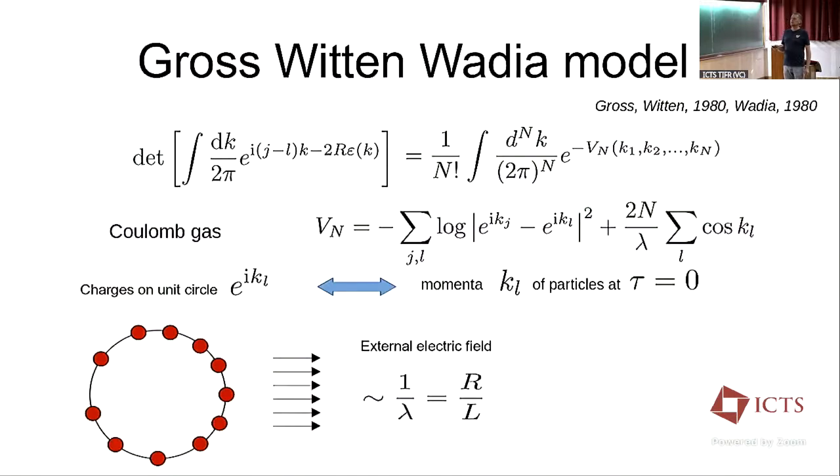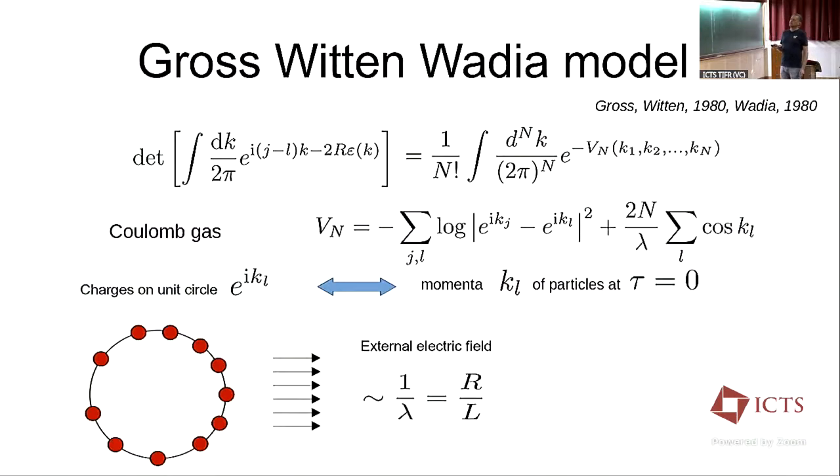The external potential, of course, represents the dispersion of the free fermions, and this structure here comes from the determinantal structure of our object.